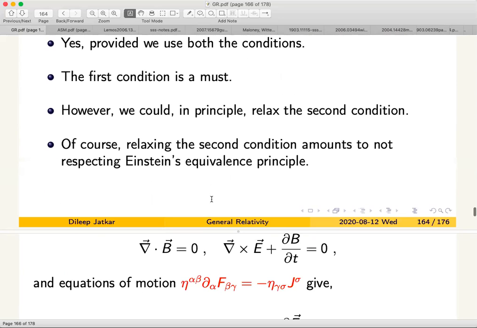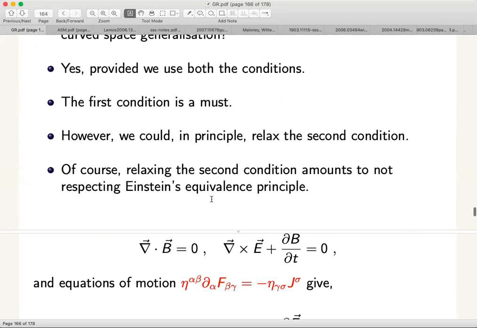That is the statement, which is different from the initial weak equivalence principle that we had written down, because this makes a specific reference to the laws of physics in a special relativistic system.